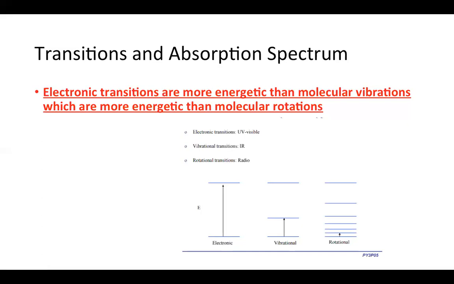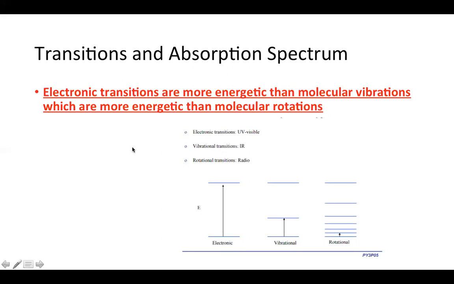So that being said, which of those 3 types of transitions do you think would have the largest frequency? Which, either electronic, vibrational, or rotational transitions, do you think corresponds to the largest frequency values?